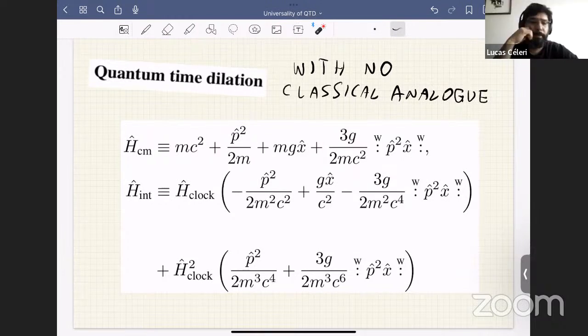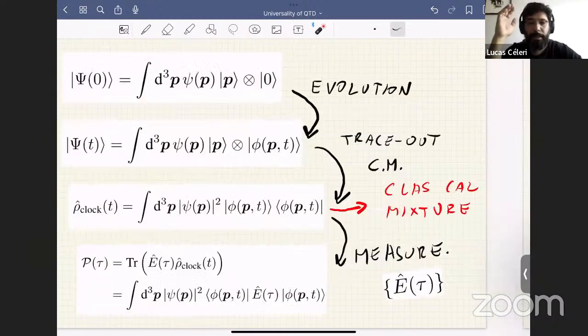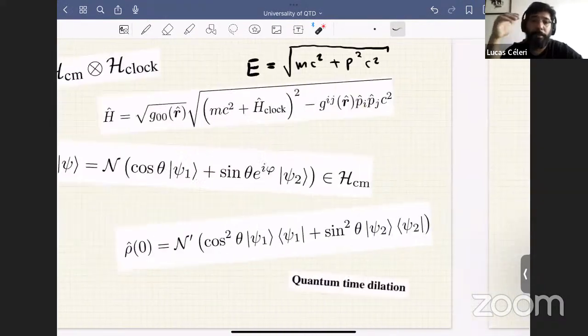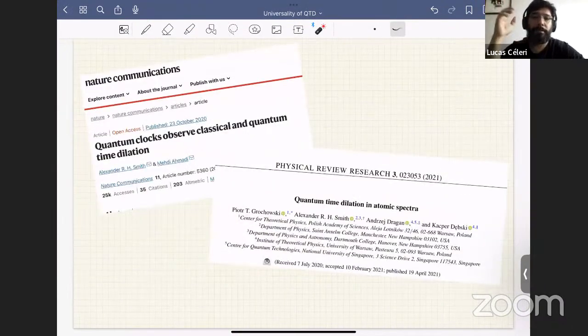So talking about experiments, I mean, how to measure these things in an actual experiment, or at least if it's possible to simulate these, to build a quantum simulation, things like this.